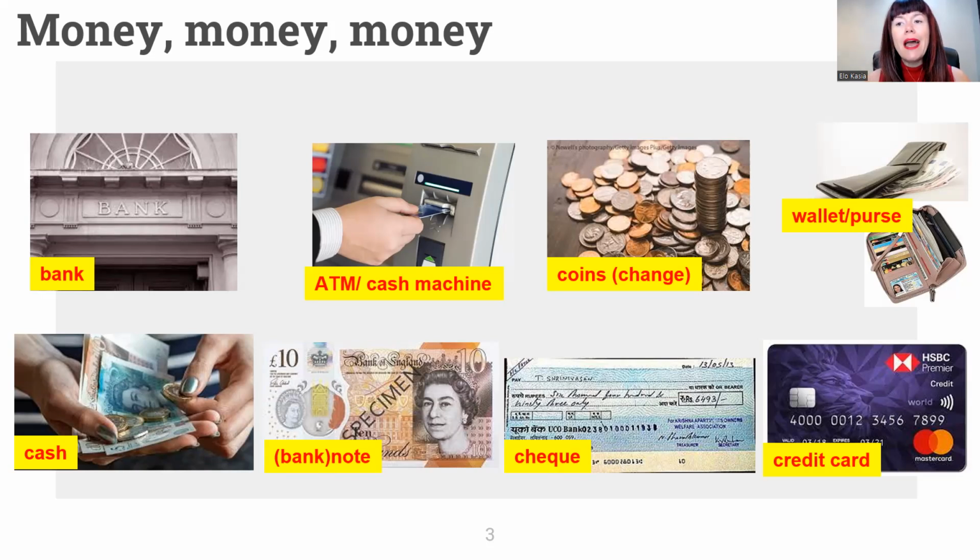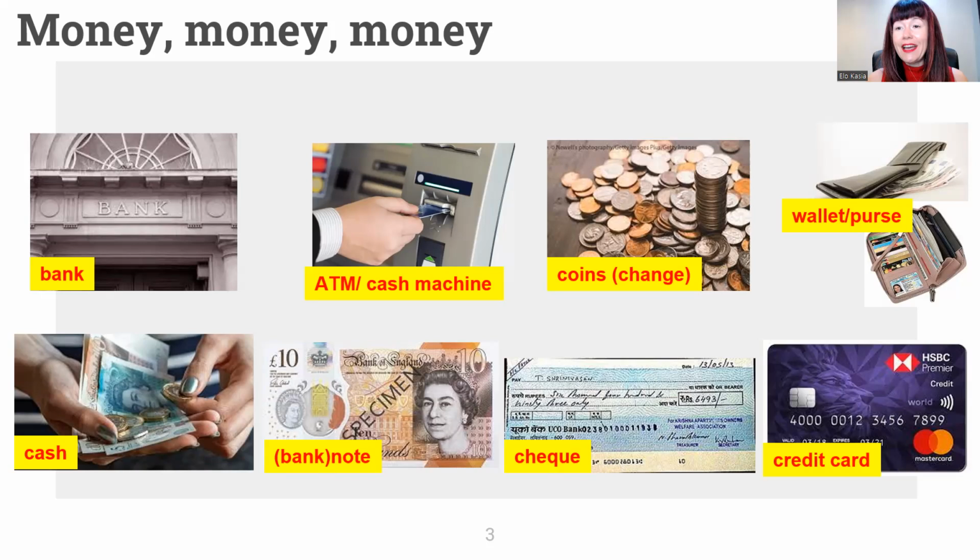Most of the time, men carry wallets, women carry purses, but it's not that strict. Sometimes you can hear women talking about their wallets, and sometimes they call it a purse. But you can say that wallet is more of a name for what men carry, and purse is more for women.